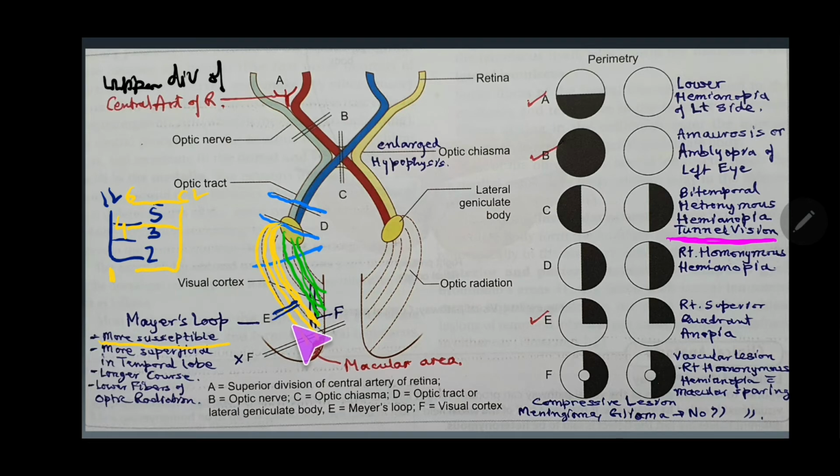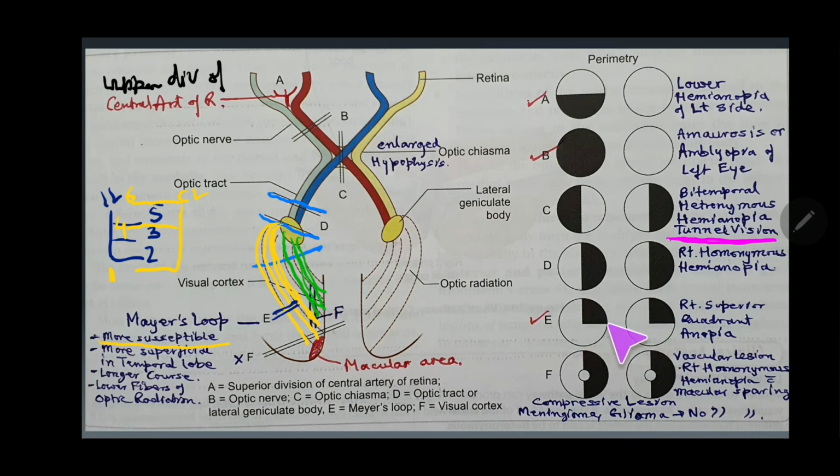But with a Meyer's loop defect, because it represents the lower half of the retina, that means the upper half of the visual field, and only the upper quadrant. This portion is spared because of the green fibers, which represent the upper half of the retina.